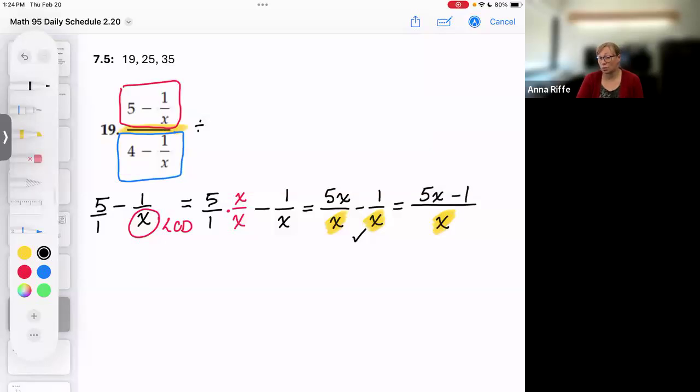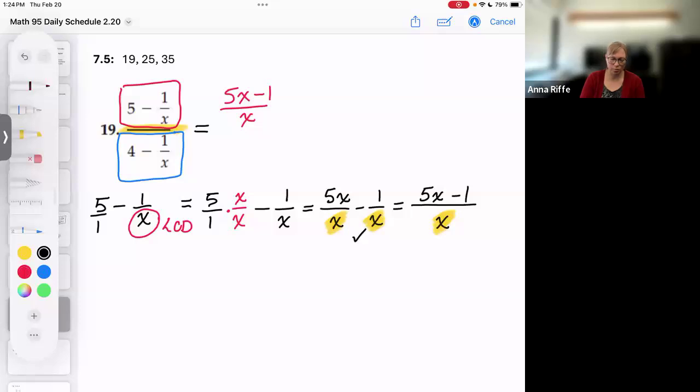That 5x and the 1 are not like terms, so I can't combine them, but I can write them as the numerator of the fraction. So creating a single fraction to work with. So I'll go ahead and write that in. This becomes 5x minus 1 over x.